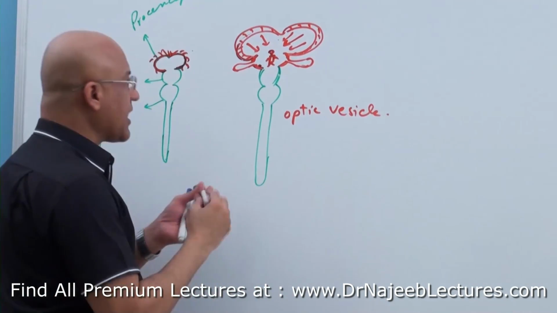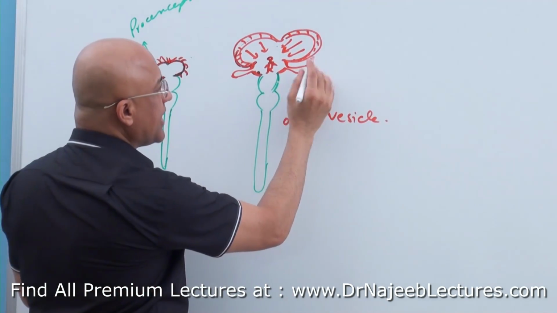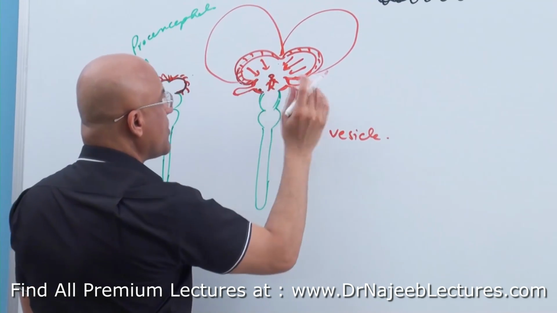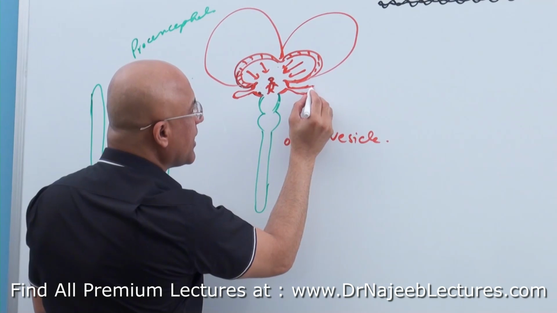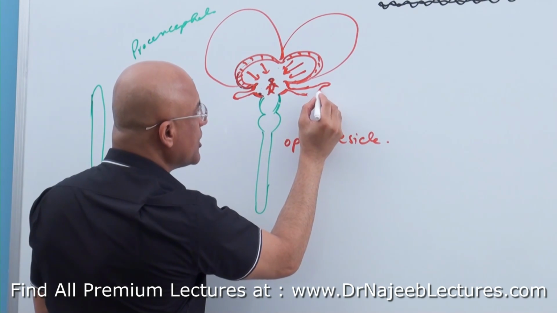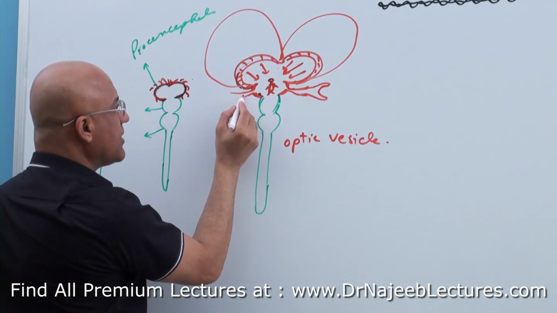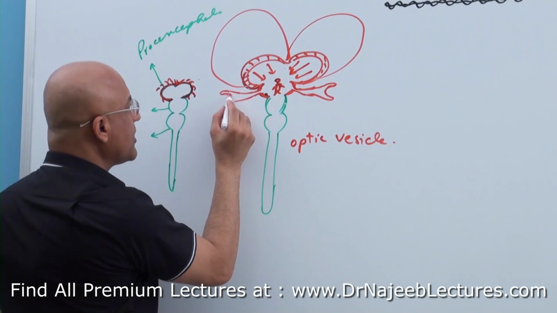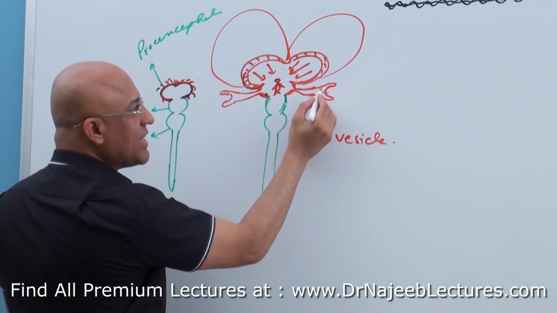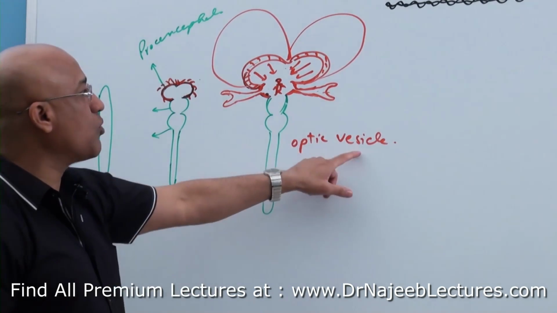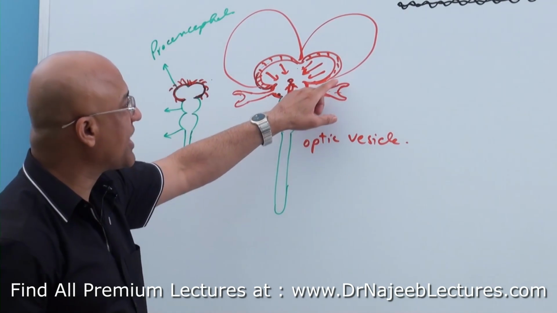When it is moving anteriorly, here it develops an invagination. Of course, the telencephalon is here. It also develops the other invagination. When this invagination develops, we say the optic vesicle has developed an optic cup.